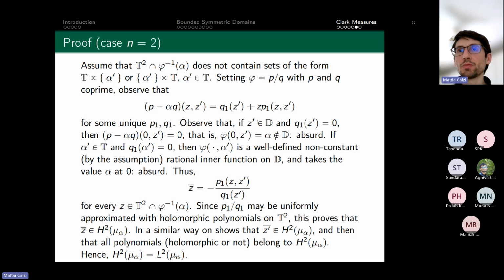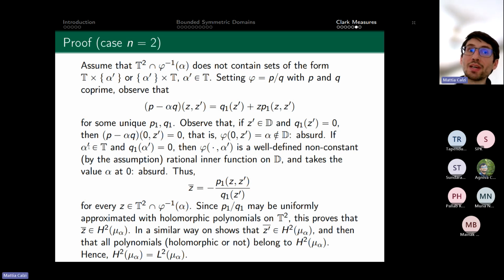And the reason is that if you take a point in the unit disk and you assume that it vanishes, then this object here vanishes at (0, z'), because if you take z equal to 0, this vanishes. And this means that phi of (0, z') is equal to alpha, which does not belong to the unit disk. And this is a contradiction, because our assumption is that phi maps the bounded symmetric domain, the polydisk, into the unit disk.